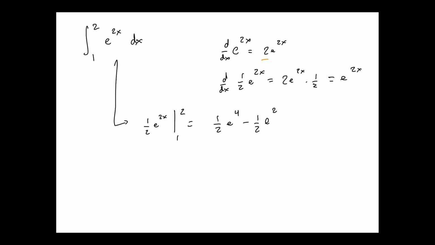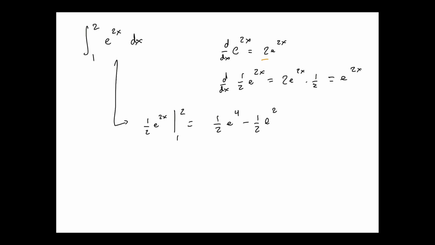But since e is like 2.7-ish, we know that e to the 4th is way bigger than e squared. And therefore, the stuff that we're subtracting is not as much as what we were subtracting from, and so this number is positive.